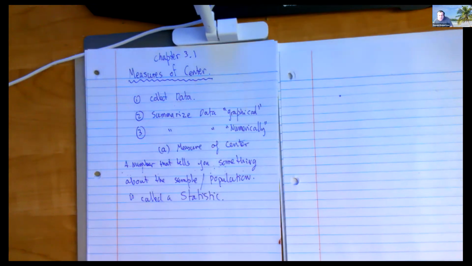So there's a statistic out there. That's where the name statistics comes from. And it's a single number, one number, that tells you something about the sample or the population.